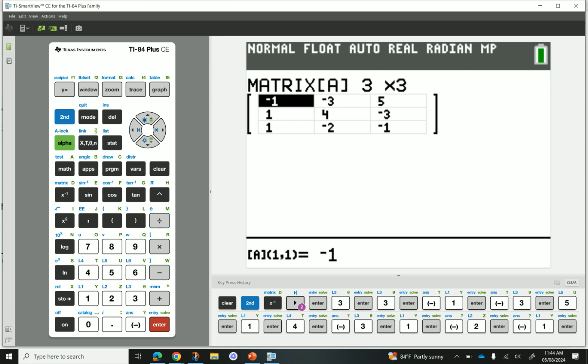Okay, so once you got this, you can clear out of it, go back to your home screen. And then we're going to find our determinant option. So go back to your matrix menu and go over to math. And it should be the very first thing that you see. So click on that. And then go click matrix A. You got it?